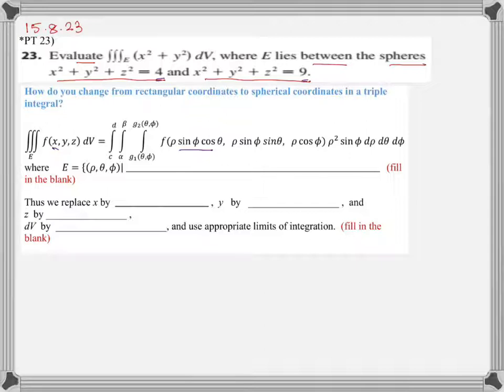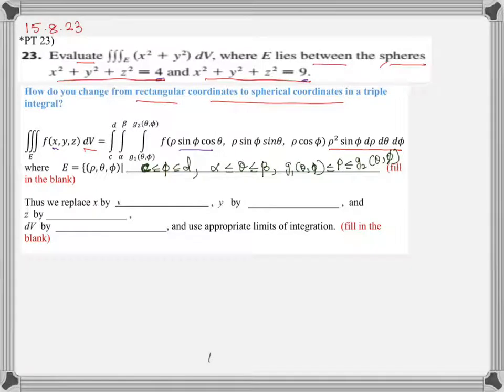Then dV changes to rho squared sine phi d rho d theta d phi, where E is the set of (rho, theta, phi), where phi runs from c to d, theta runs from alpha to beta, and rho runs from g1(theta, phi) to g2(theta, phi).